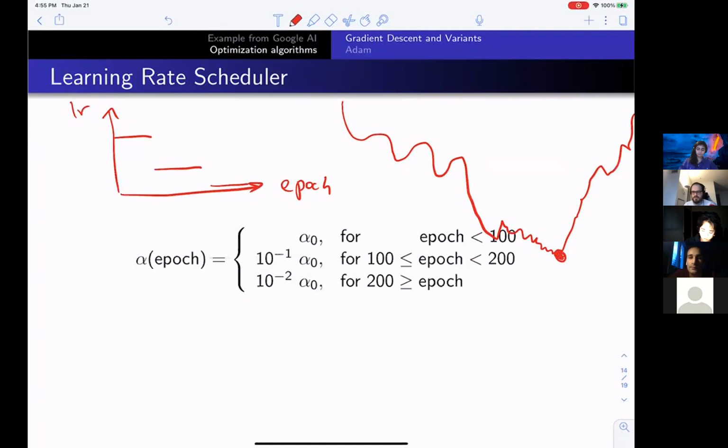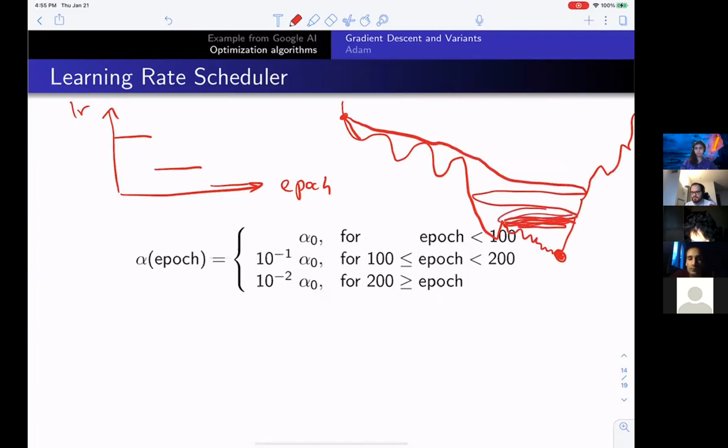If you use a small learning rate and you start here, you would get stuck here, right? You don't want to get stuck. So you need to have very large steps that would take you over these mountains somewhere here, right? And then your learning rate is large, so you would hop around. And then if you decrease the learning rate, you would be able to go to the final global minimum.